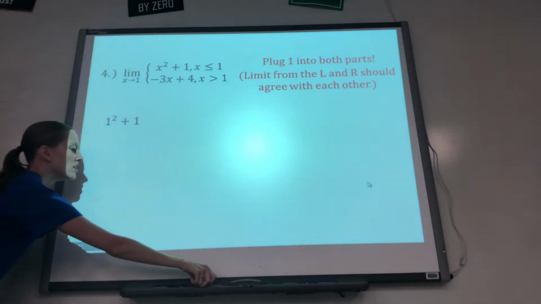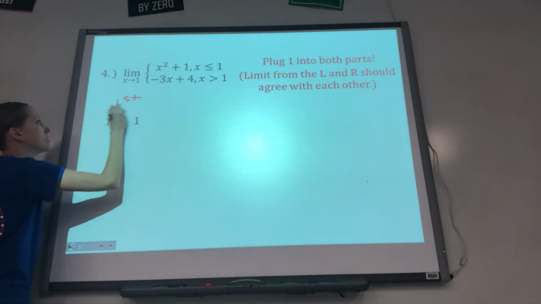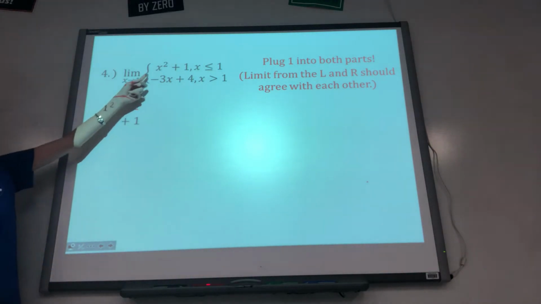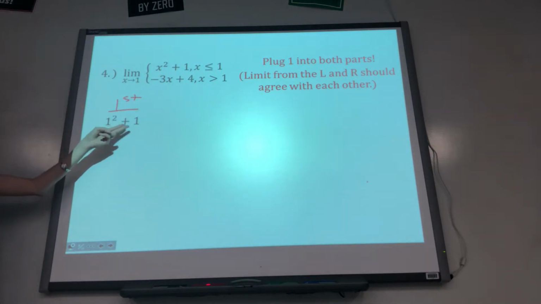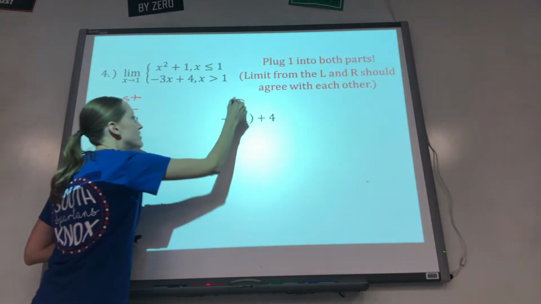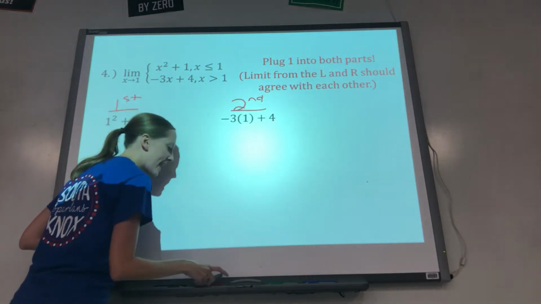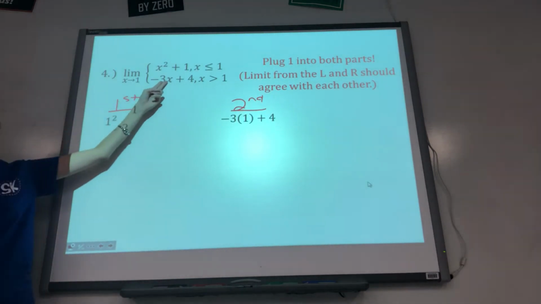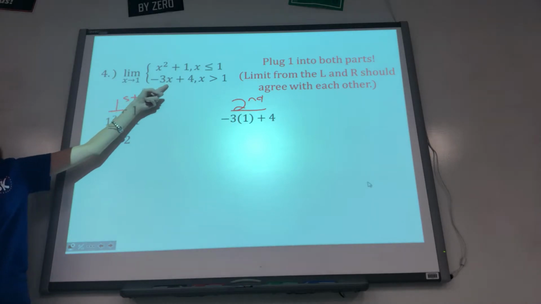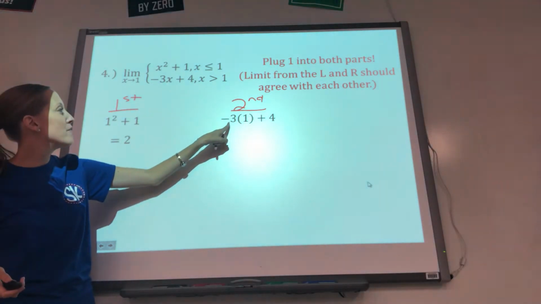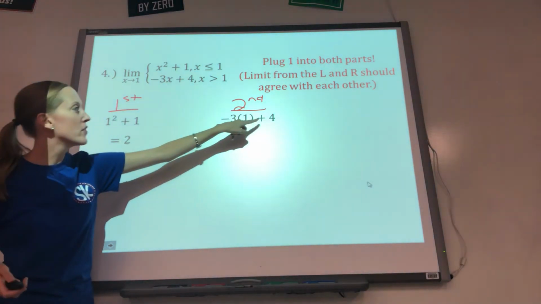This is me doing the first behavior. I'm plugging the 1 in right there for x. 1 squared plus 1, that's going to give me a 2. Whatever I get from the left or from the first behavior, it should equal what I get from the second behavior. So here I go, plugging in a 1 right there for x. Negative 3 times 1 is negative 3.